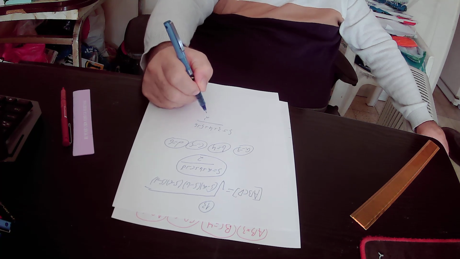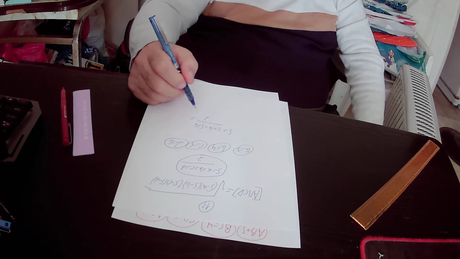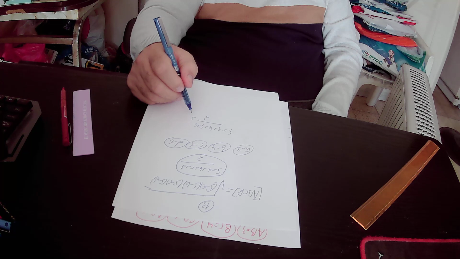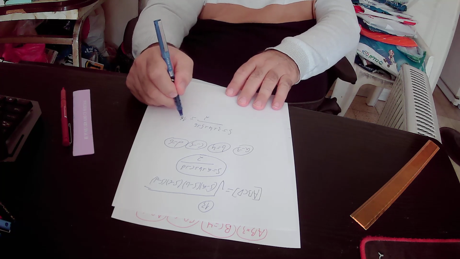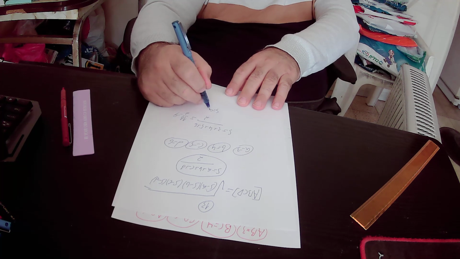So S equals 3 plus 4 is 7, and 7 plus 5 is 12, and 12 plus 6 is 18. 18 over 2 is 9. So we found that S equals 9.